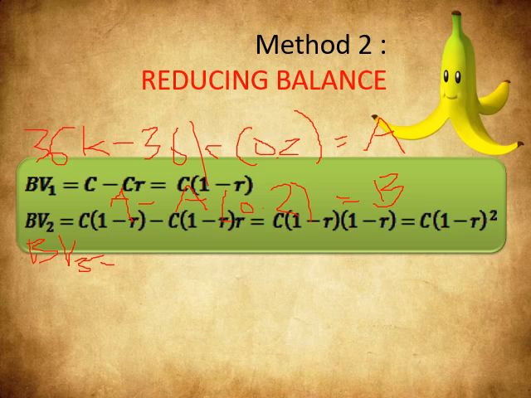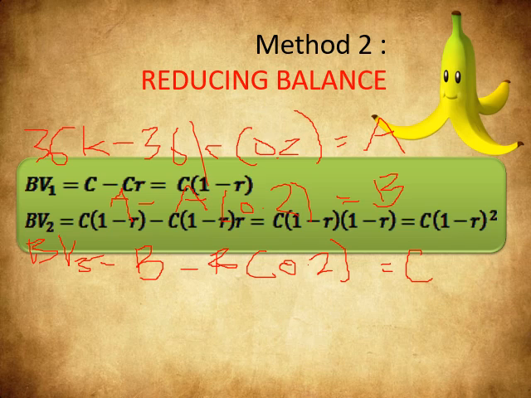The book value after 3 years, you need to use B, the latest amount: B minus B times 0.2. This is how you calculate depreciation.